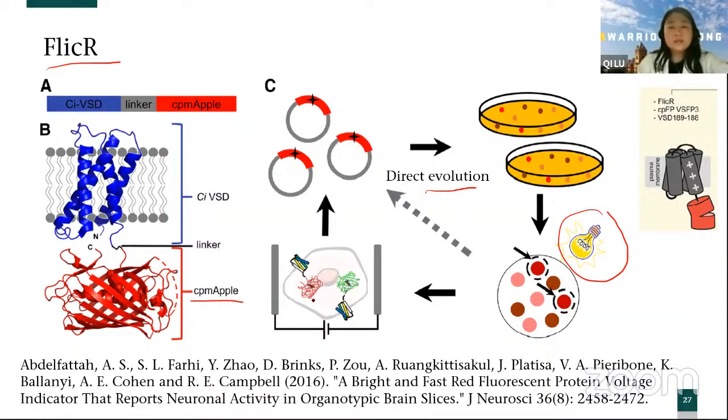Okay, first I need to confirm that it can sense the voltage change. So to isolate it, they select ones that have a very bright fluorescent protein, and do the evolution and isolation to choose the best candidate of these GEVIs.